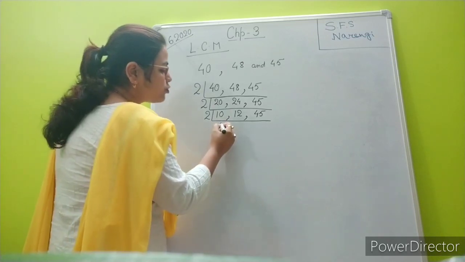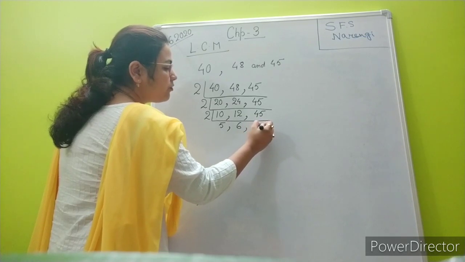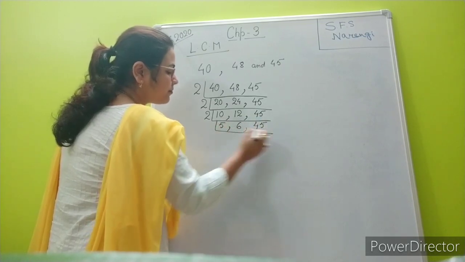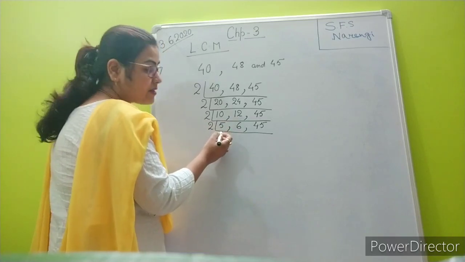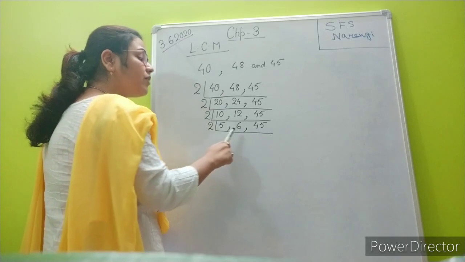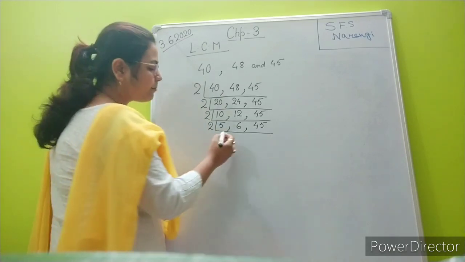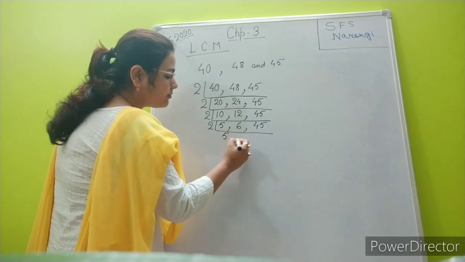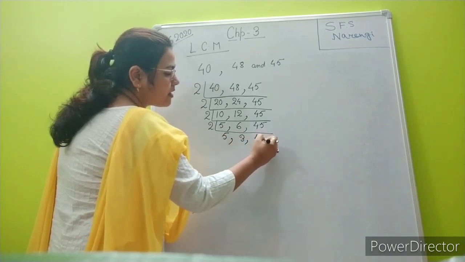So 2 5s are 10, 2 6s are 12, 45. Now you see 5 is also not divisible. 6 is divisible. 45 is also not divisible. Even though only 6 is divisible, we are doing it by 2. So 2 5s, 2 3s are 6. 45 comes down as it is.